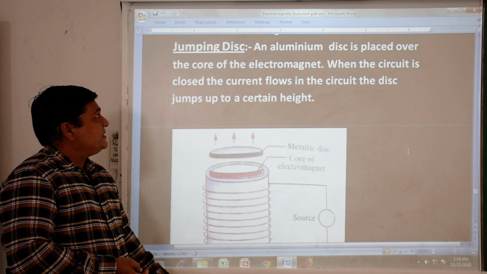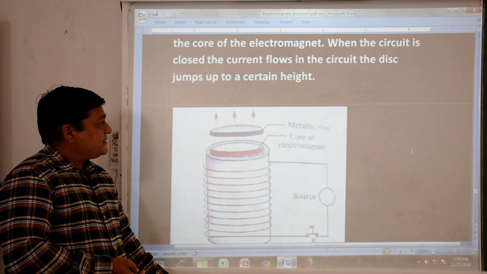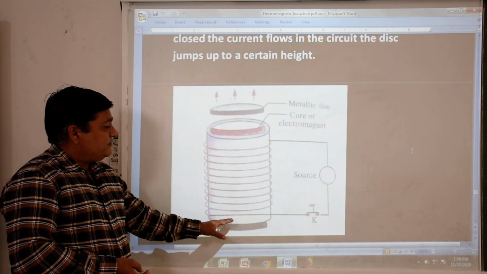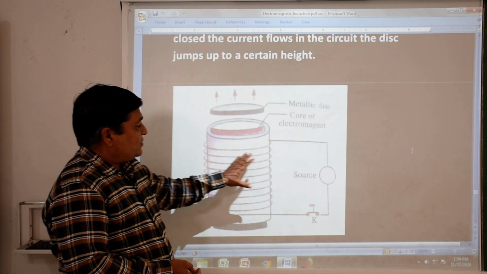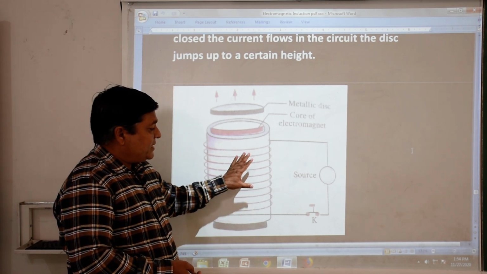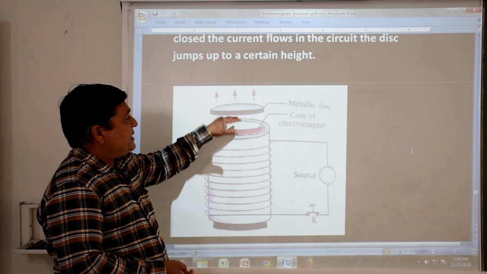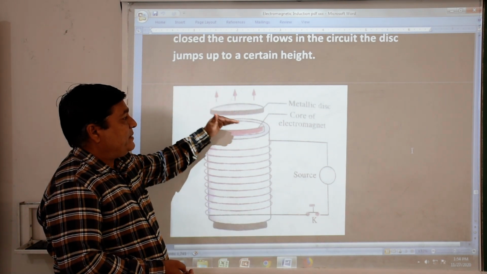Now we can see the jumping disc. Here an electromagnet is there: a solenoid wound over a conductor, attached to an external source with a key, and over this an aluminum plate is placed.